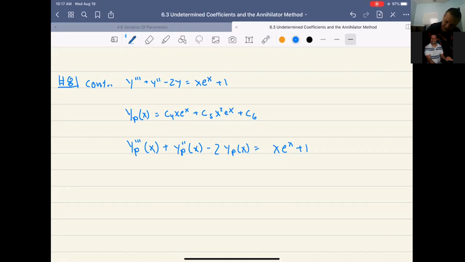So I got this equals 10 c5 x e to the x plus 5 c4 e to the x plus 8 c5 e to the x minus 2 c6 equals x e to the x plus 1.